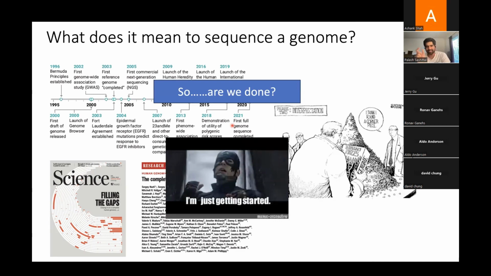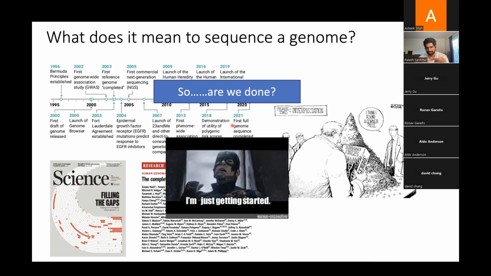And when I say that the human genome is sequenced and assembled, what does that even mean? There are billions of humans on the planet. Whose genome have we sequenced? Whose genome have we assembled here? And the answer to that is there's no single human whose genome is exactly the genome that we have assembled here.